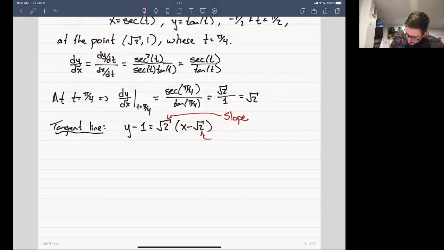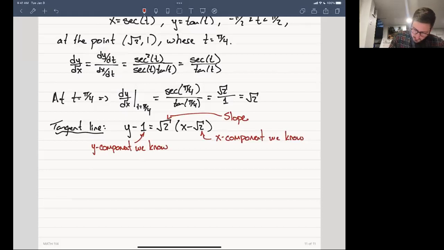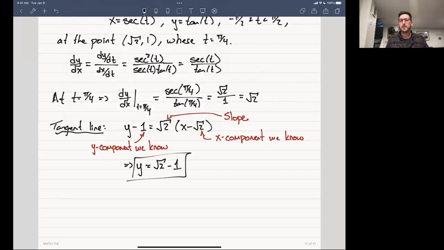This is the x component we know, that's given to us. We go through the point root 2, comma 1, and this is the y component we know. You can rearrange this if you'd like, and this will tell you y is equal to the square root of 2 times x, minus 1. So that is the tangent line.